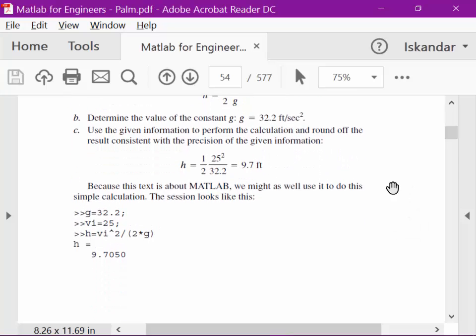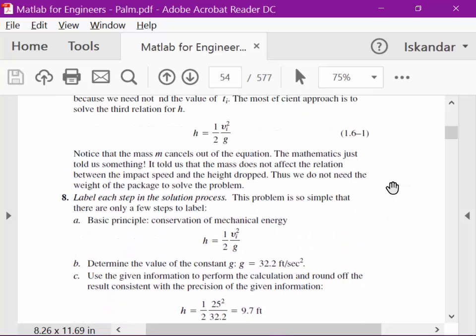The student has to figure out, looking at this formula, that this package is only going to protect up to 25 feet per second. So that's your final velocity when this thing hits the ground.